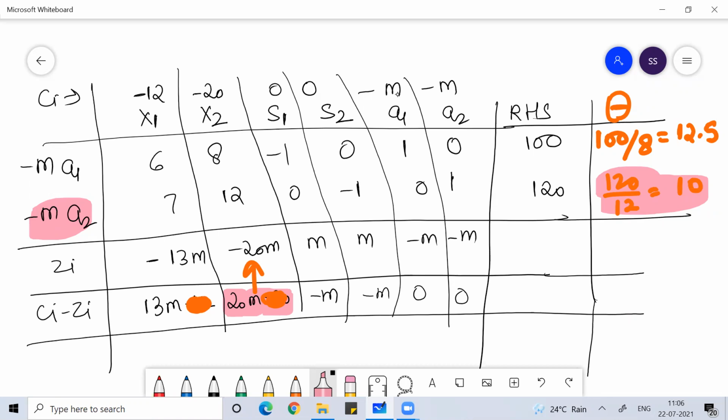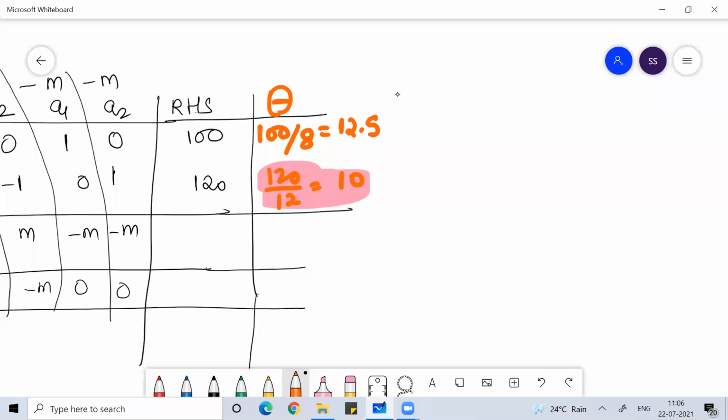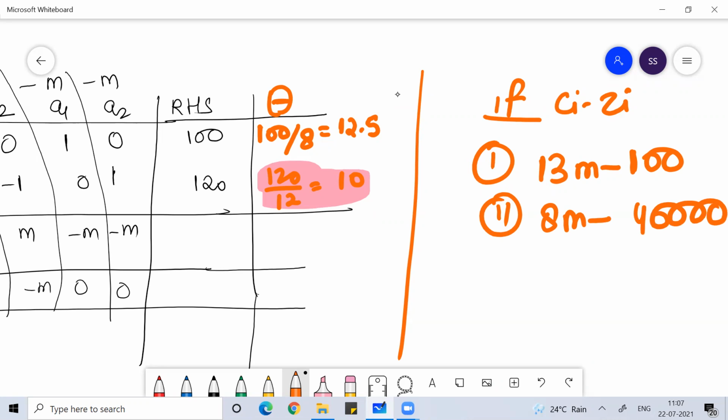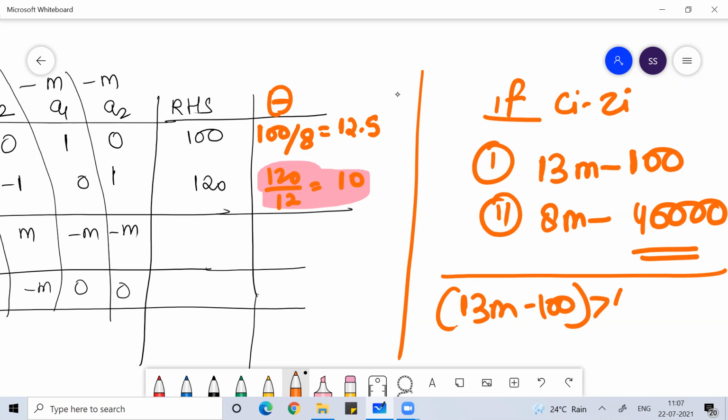Guys, understand, imagine Ci minus Zi, you get suppose 13M minus 100, and another Ci minus Zi is 8M minus 4000. You need to understand that 13M minus 100 will be bigger than 8M minus 4000, because M is a very, very large value.